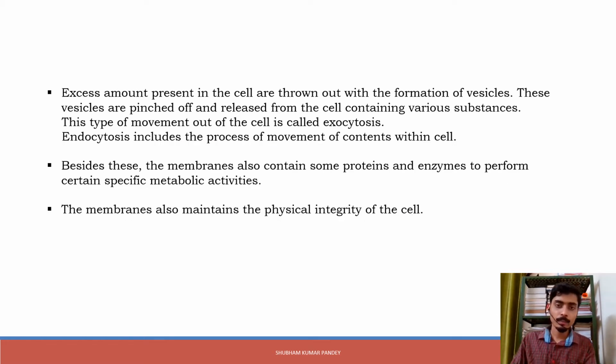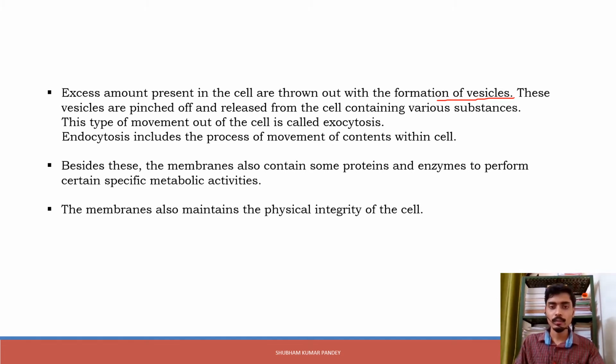Now, excess material present in the cell is thrown out with the formation of vesicles. For example, if certain synthesis takes place in the Golgi apparatus or endoplasmic reticulum, the product should be thrown out or transferred to its destination. This is done in the form of vesicles. These vesicles are pinched off and released from the cell containing various substances.